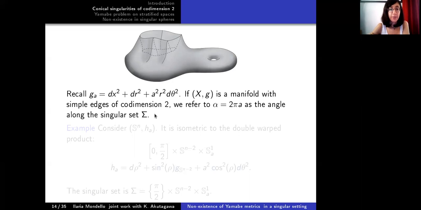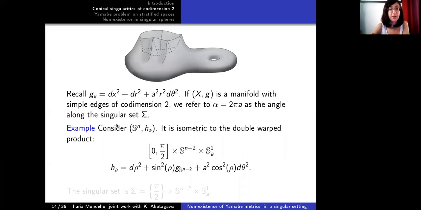If you consider the example of the singular spheres, S^n with the metric g_a, which was the pullback on the sphere of this metric g_a by a conformal factor, then you can also write it as a double warped product between an interval, S^(n-2) and a circle of radius a.